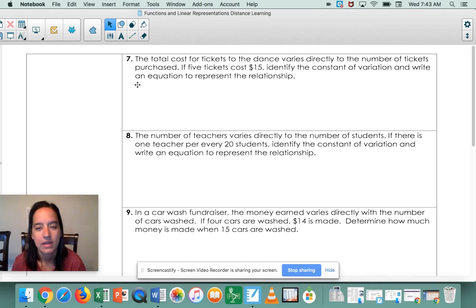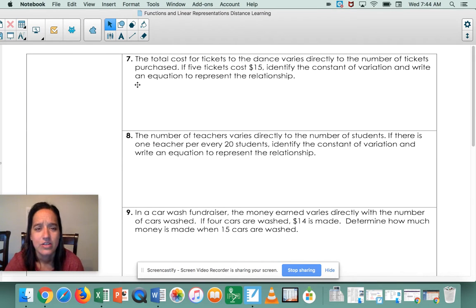And the b was always our initial fee or our starting point. In any of these problems, they all vary directly, which means there's a direct variation, which means there's no b. None of these problems are going to have a b in them because they all state that it varies directly.